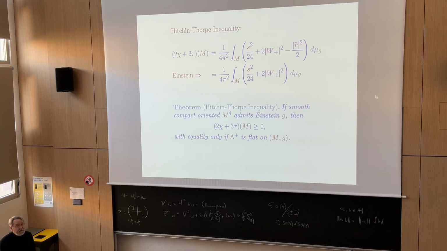So the first version of this Hitchin-Thorpe inequality is that if you have an Einstein metric on a manifold with 2 chi plus 3 tau equal to 0, then the bundle lambda plus has to be flat. Well, eventually, we'll find out that these metrics with that property are rather rare. They're called locally hyperkähler metrics, and we'll find out more about them later.